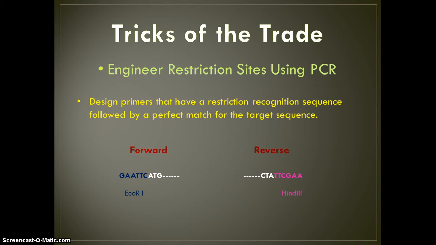You will notice that the stop codon is actually the complementary sequence because this is a reverse primer. When using these two primers together, the entire target gene will be produced with the added restriction sites at each end.